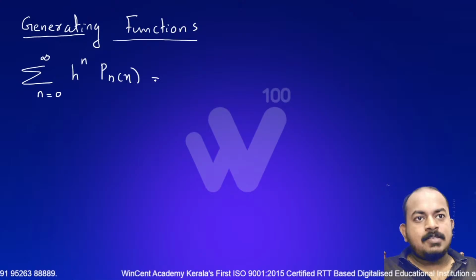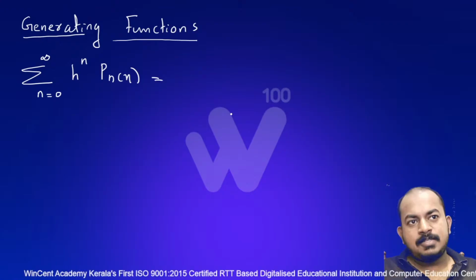This is the form of the Legendre's function, and it is given as (1 minus 2xh plus h square) to the power minus 1 by 2. So this is in general 1 by root of (1 minus 2xh plus h square).